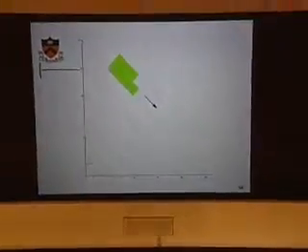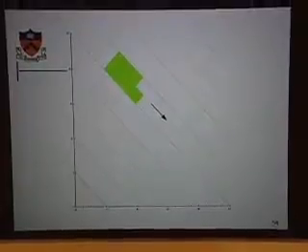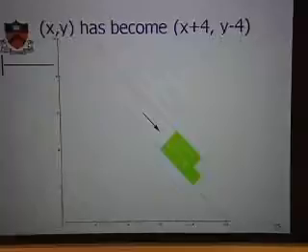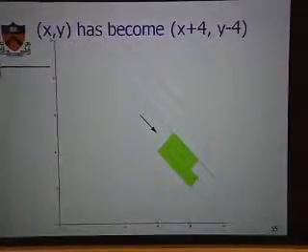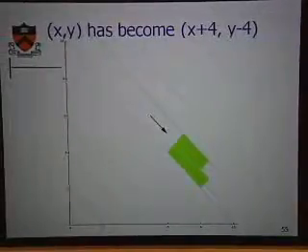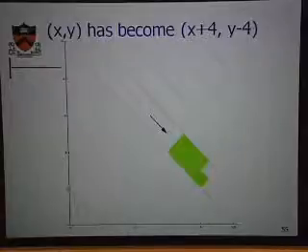If you add a constant to x and subtract the same constant from y, then this truck will just move down like that. (x, y) has become (x plus 4, y plus 4). What's preserved in here? The value of x plus y is preserved. If I add 4 to x and subtract 4 from y, then x plus y is constant. And x plus y, remember, is actually twice t. x plus y is t plus t.